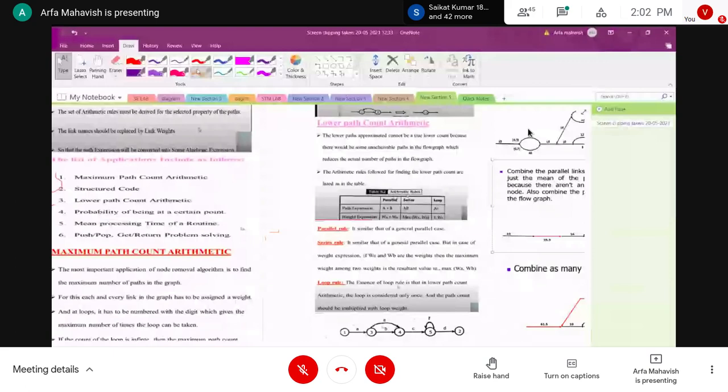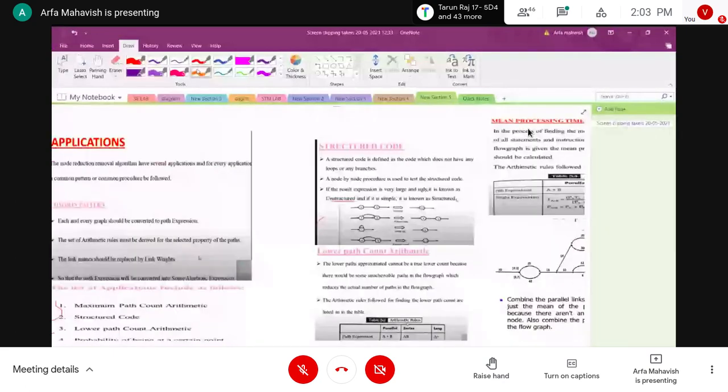Then you remove the parallel nodes, then combine the polynomials, and go with the single link, then the self loop. If you have done these steps in that graph, you will get the final result, which you then calculate to get the last result. For each node we have 2 procedures, so you can follow either one.